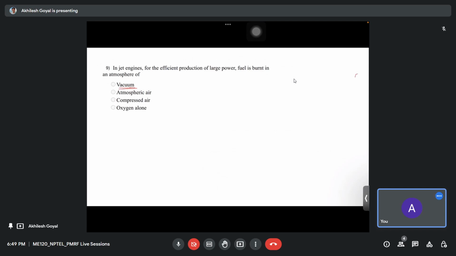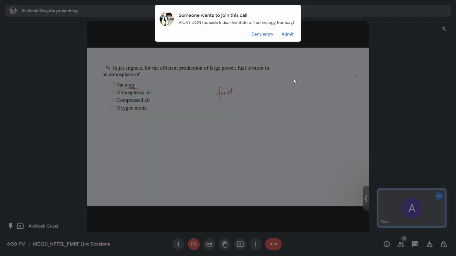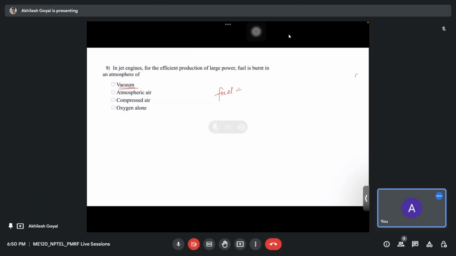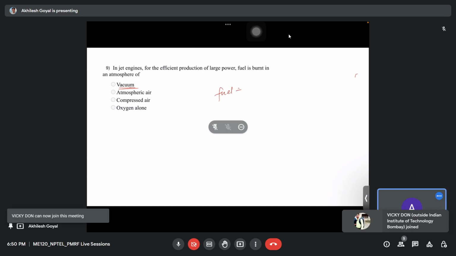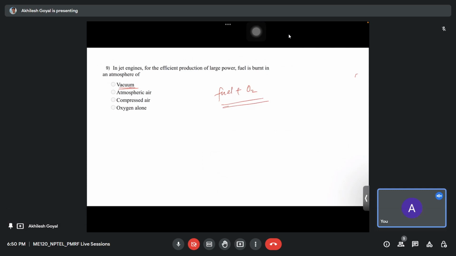As you know, for fuel burning we need oxygen. In the case of vacuum, there is no oxygen present, so vacuum is a wrong option. Fuel cannot burn in vacuum, neither in jet engines, nor in petrol or diesel or any engine. Without the presence of oxygen, the fuel cannot be burned. So the first option is wrong.